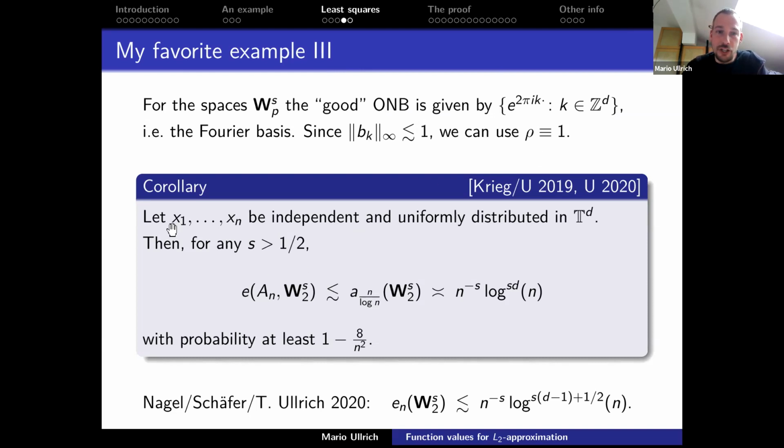So the result here then shows that if you take n independent and uniformly distributed points in the cube and use them with least squares for approximation, then you are basically as good as using n divided by log n optimal informations, which at the end is better than the sparse grid algorithm.